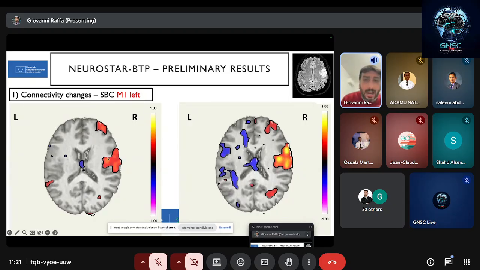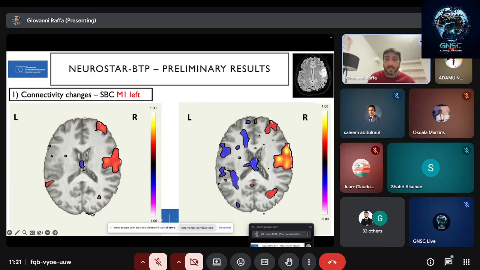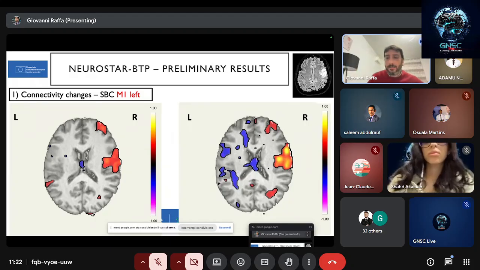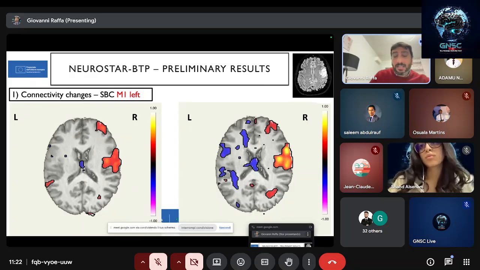Again, you can see here, after stimulation, there is a blue signal over the tumor with a reduction of the connectivity, while the right M1 is increasing its connectivity with the rest of the brain. So our stimulation seems to reduce the connectivity in the peritumoral areas, even if we are stimulating the contralateral M1, while the ipsilateral M1 is increasing its connectivity.